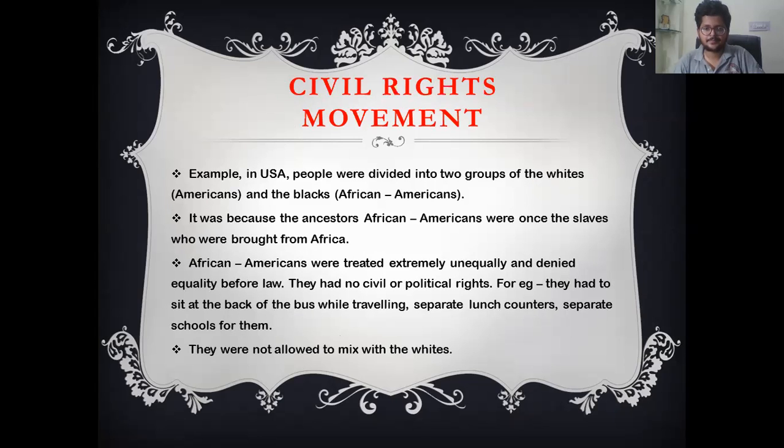Next, here's an example of the United States of America, how the birth of civil rights took place. In the USA, people were divided into two groups: the whites, who were the Americans, and the blacks, who were the African Americans.